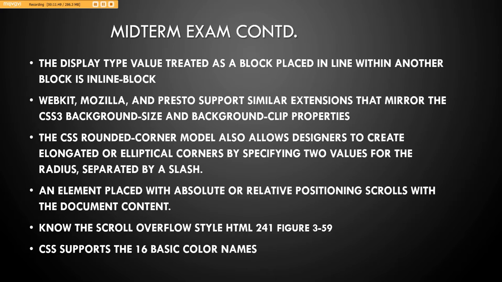The CSS round corner model also allows designers to create elongated or elliptical corners by specifying two values for the radius separated by a slash. An element placed with an absolute or relative positioning scrolls with the document content. Know the scroll overflow style. That's 241, figure 359. CSS supports the 16 basic color names.